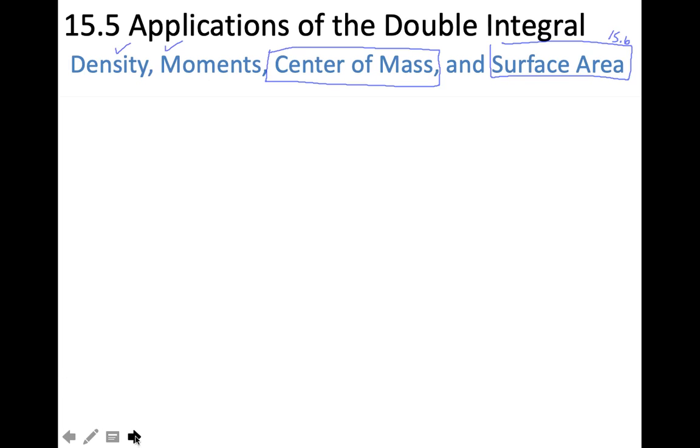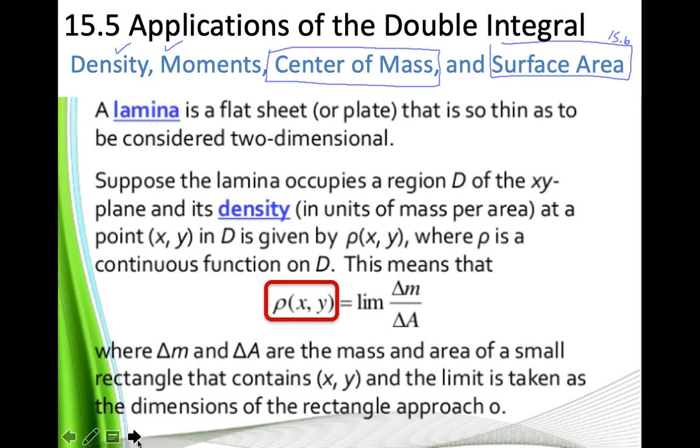All right, about to do a notes dump on you. You ready? Bam. You don't need to write all of this down, but I do need you to get the idea of a lamina. Think of a lamina as almost like an amoeba-looking thing, where it does have a thickness, but we're going to consider that it's so thin that it's two-dimensional.